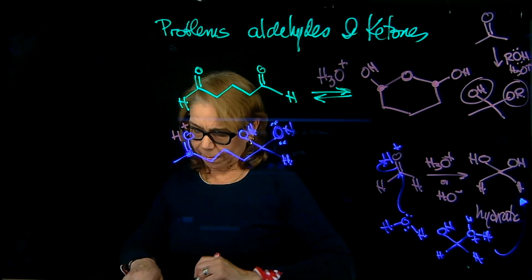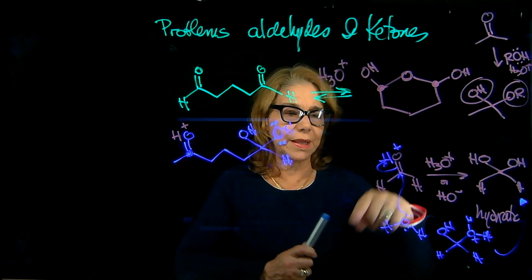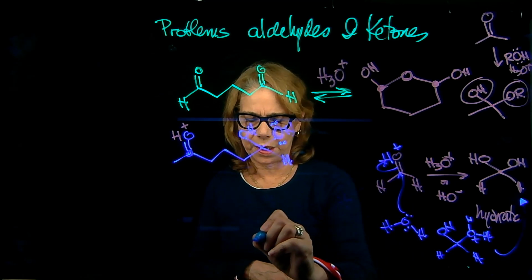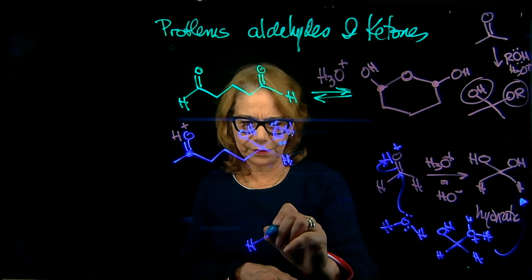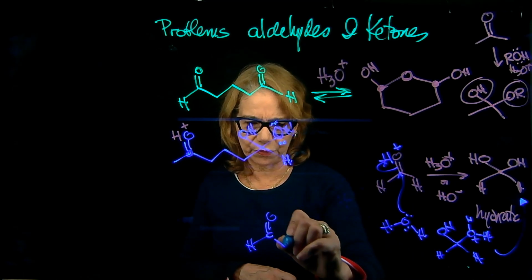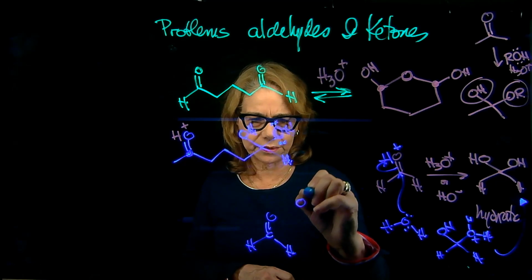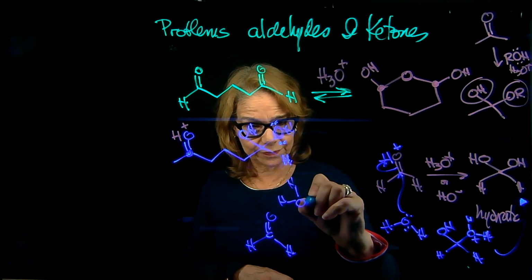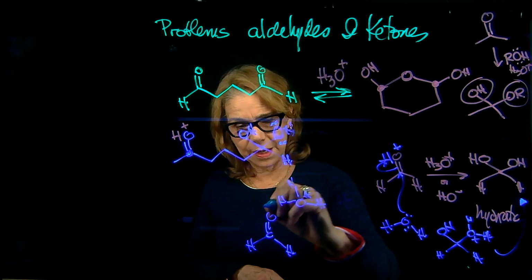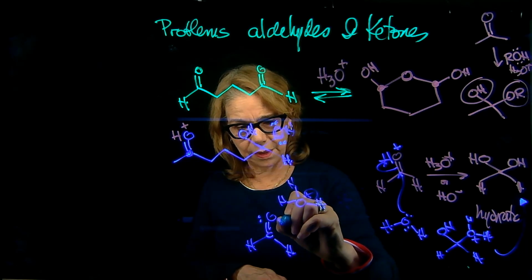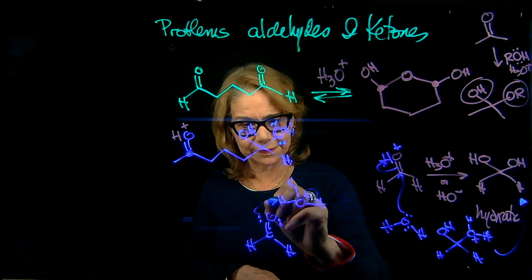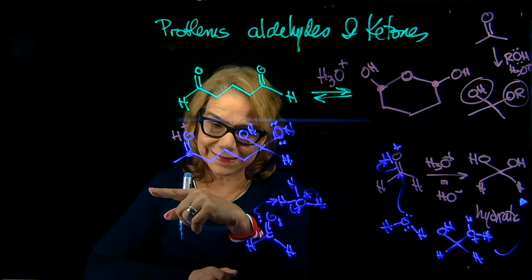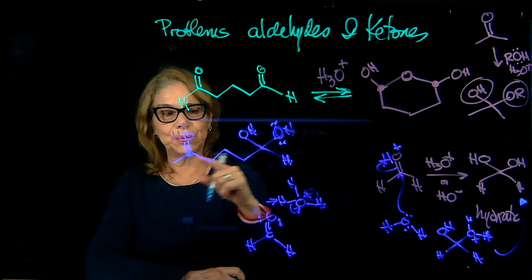Under acidic conditions, we will have hydronium ion, and so the lone pairs here are acting as base, and you're getting a proton. So this is how you get that protonated.